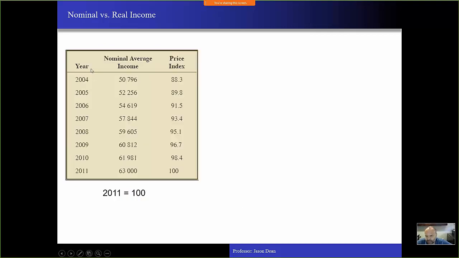Suppose we had some data on nominal income. This is the average income in some economy, for different years. And then we are given a price index for each of the years. The base year is 2011. We can see here that the prices are all lower because these index values are lower than in 2011. Suppose we want 2004 income, so this income here, in 2011 dollars.